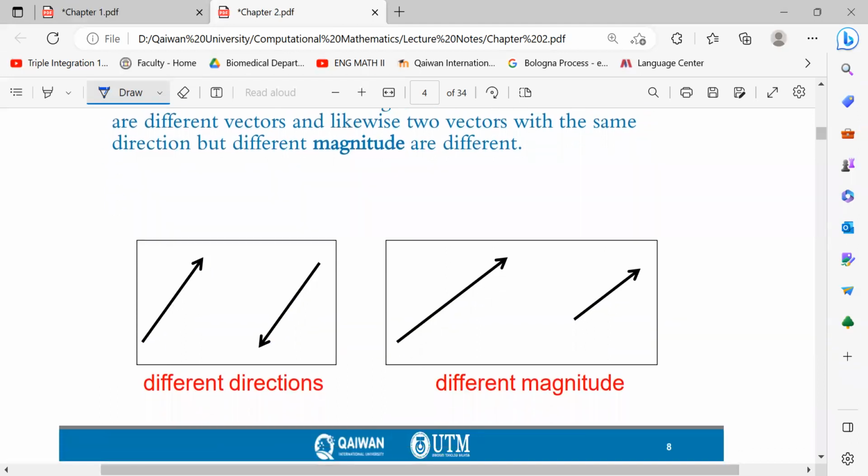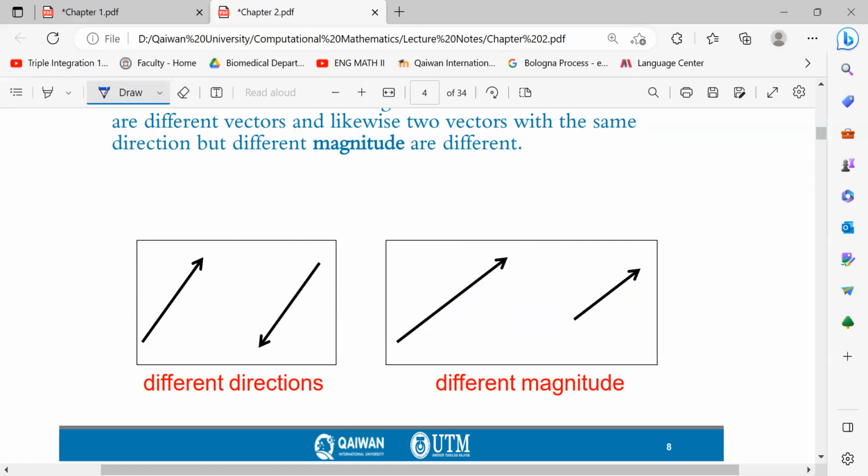Even if we have two vectors with the same direction, as you see, the direction of this one is here, and the direction of this one is this. Both have the same direction. How about their magnitude? Which one has more length than the other one? This one. So these two vectors do not have the same length, their magnitudes are different.